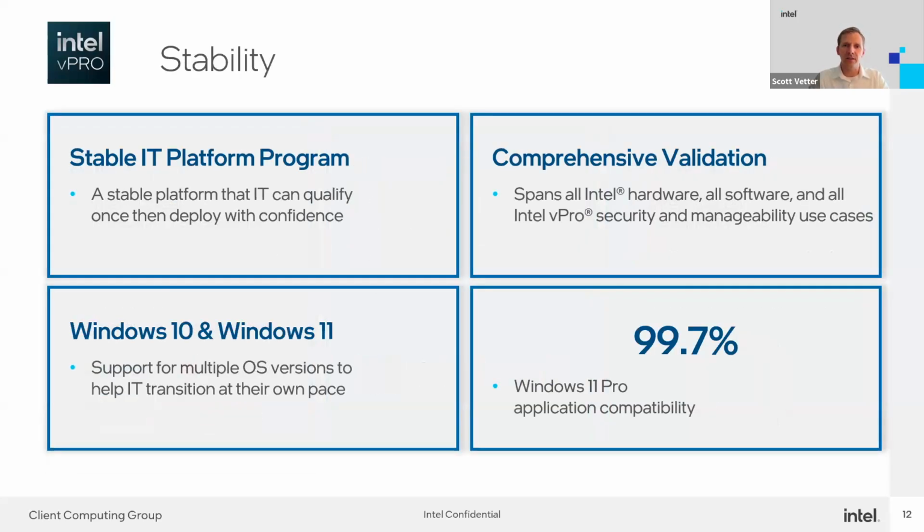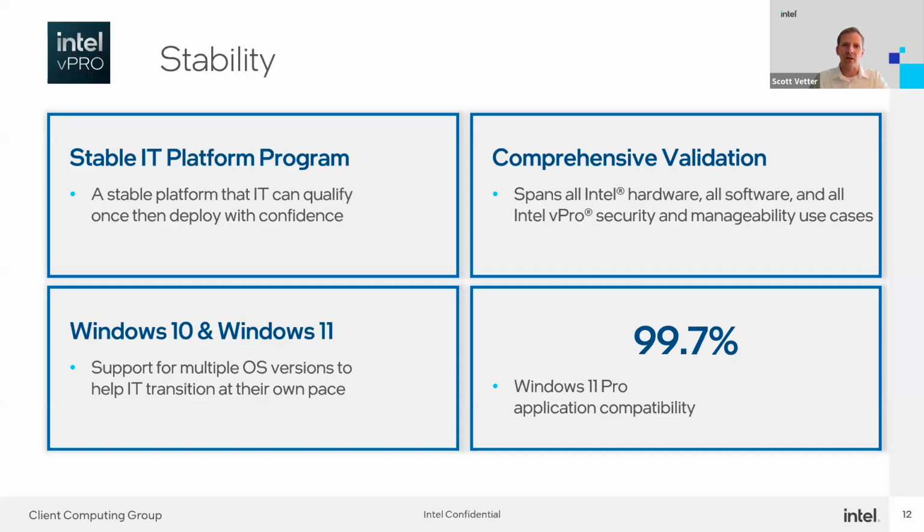Now, for stability, this area is something that we have been emphasizing for a number of years, focusing around what we call the Stable IT Platform Program, also known as SIP. What SIP does is provide an assurance to IT professionals that there will be no changes on the Intel platform or associated hardware for up to 15 months, really helping reduce those opportunities for issues going forward.